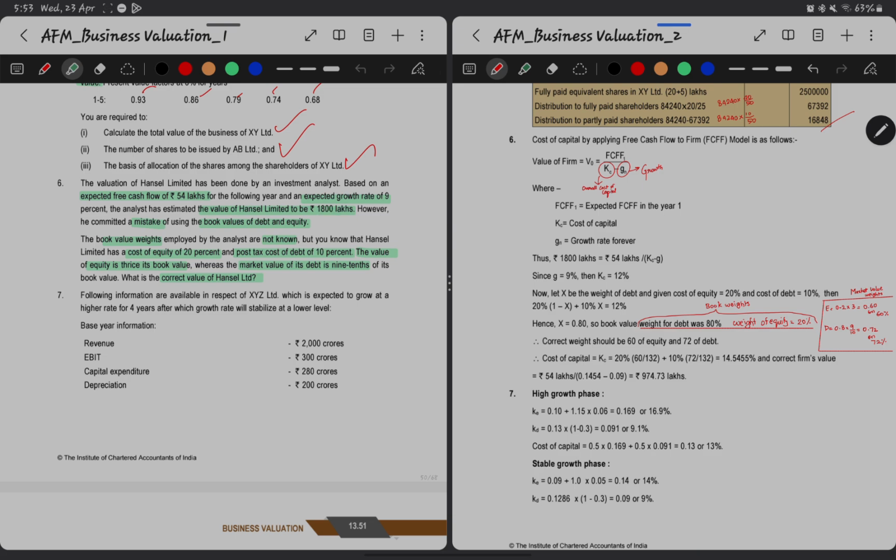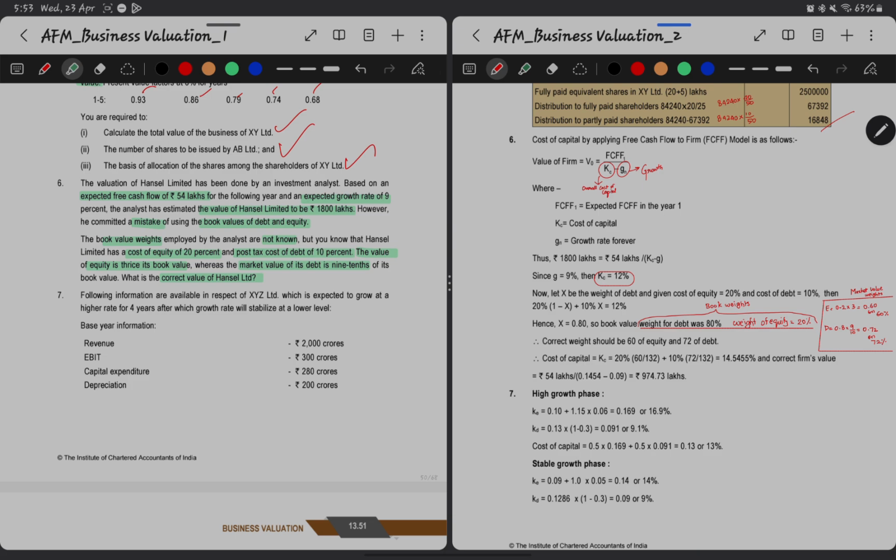So using his value, if we reverse work, 1800 equals 54 lakhs divided by KO minus G, where growth we know as 9%. Hence we can get the KO, because it is the overall cost of capital. So KO is 12%, which we got by reverse calculating.